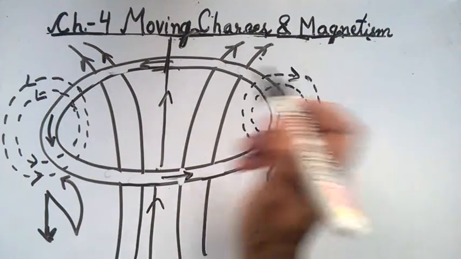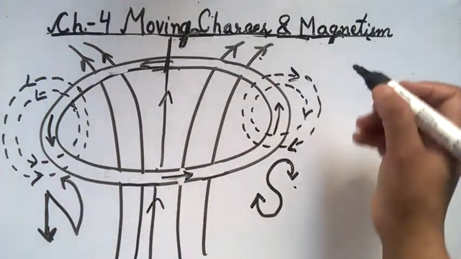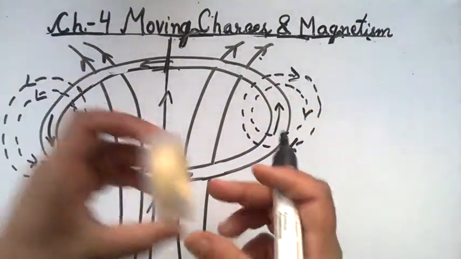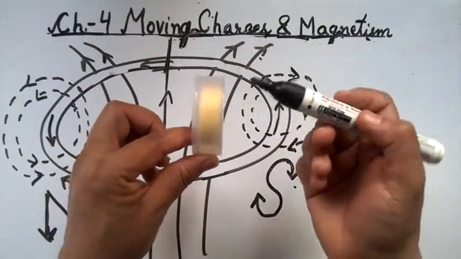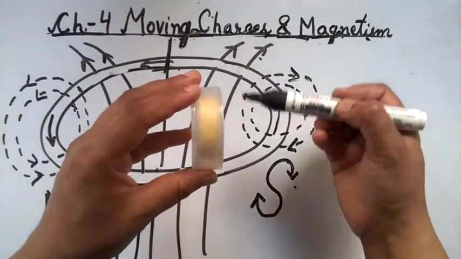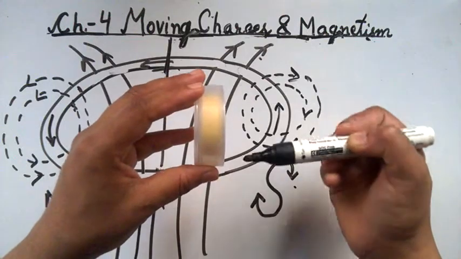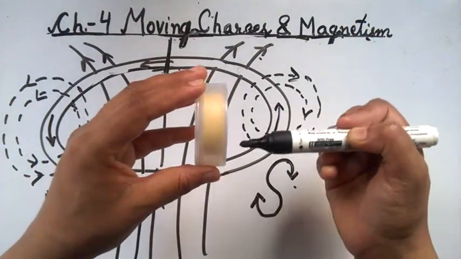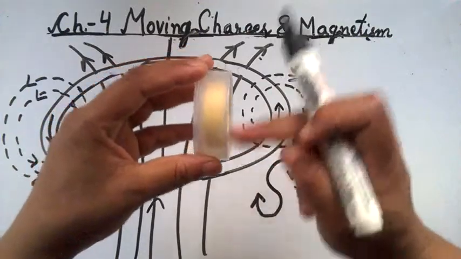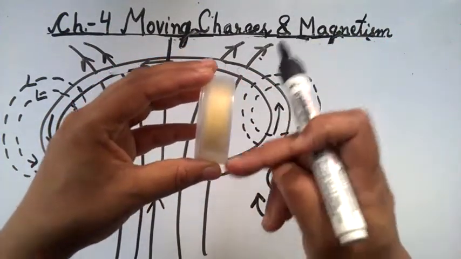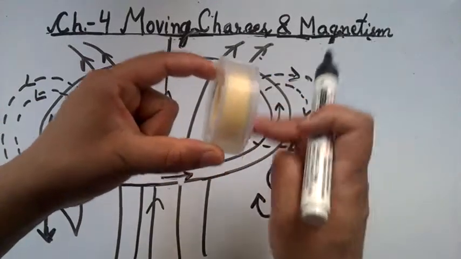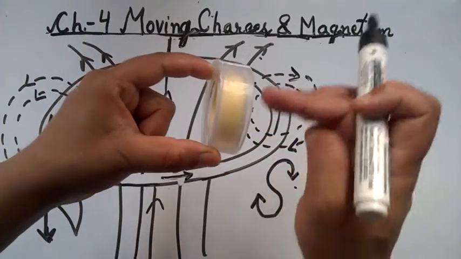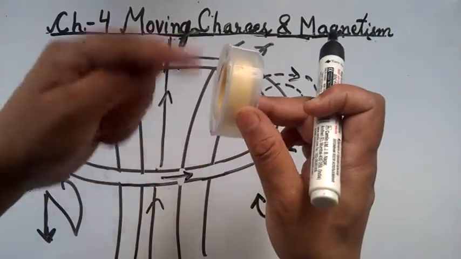As we have seen, if in a current carrying coil the current flows in a clockwise direction and we see it at this end, it will be a south pole. And if we see at the other end, the current seems to flow in anti-clockwise direction from this end.